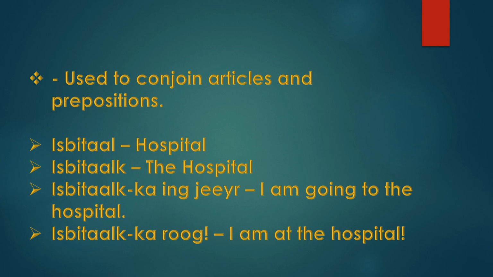And we also have the dash. We use the dash to conjoin articles and prepositions. An example is hospital, which just means hospital, and hospital with the article means the hospital. If you want to say I'm going to the hospital, we say hospitalka injil.